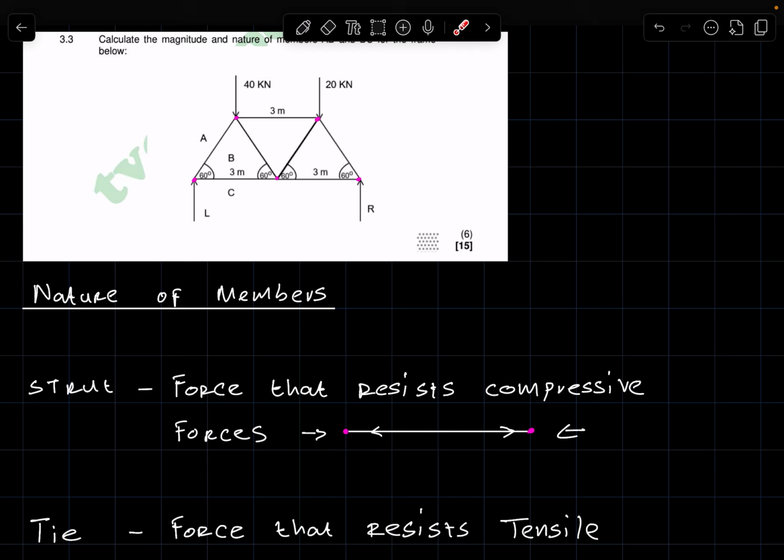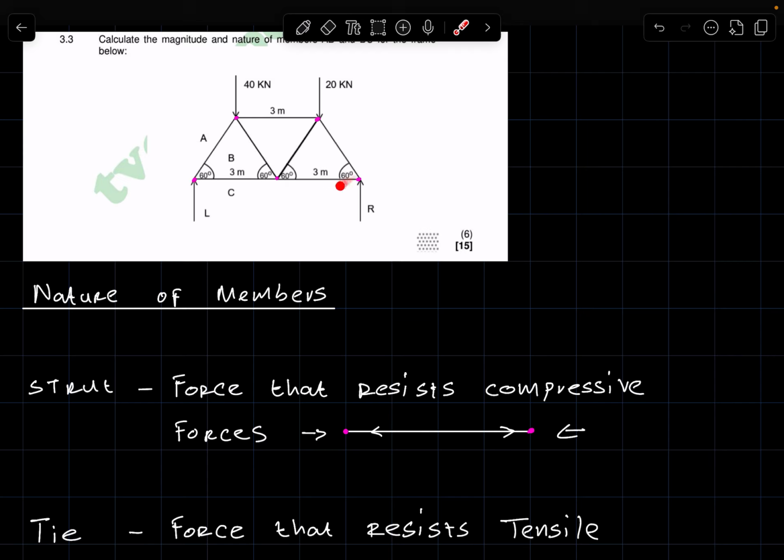Essentially, at this point, we have three unknowns. At this point, we do not know L. It hasn't been given to us. We don't know AB. We don't know BC. But the one thing you can tell here is that we don't necessarily need to calculate R, because we are using this joint.